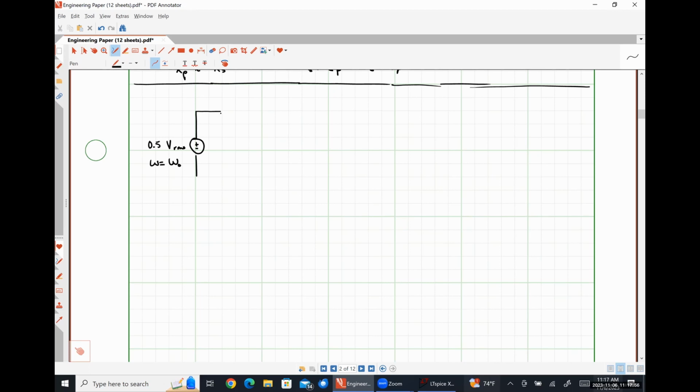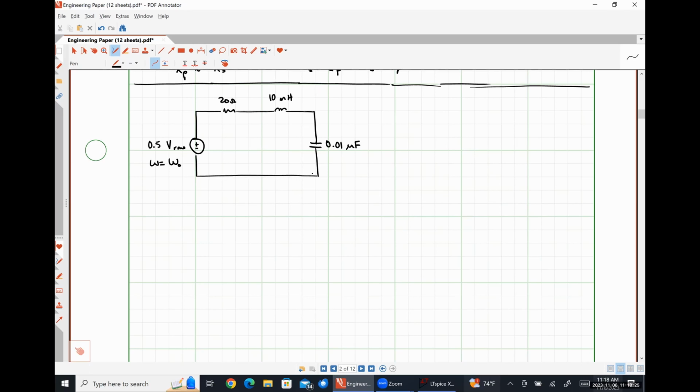And our circuit contains a 20 ohm resistor in series with a 10 millihenry inductor in series with a 0.01 microfarad capacitor.